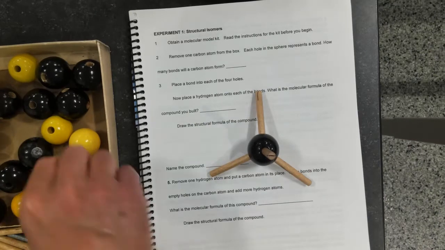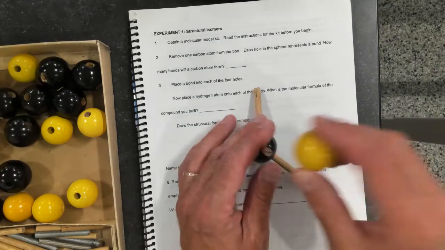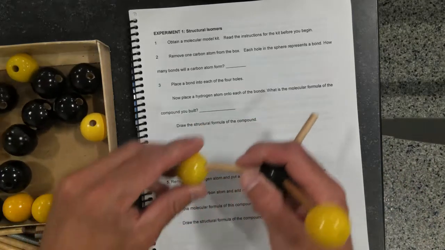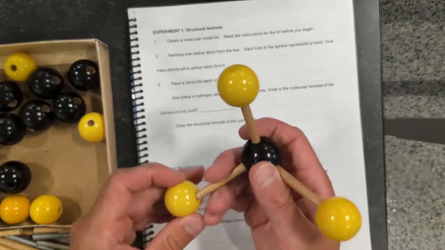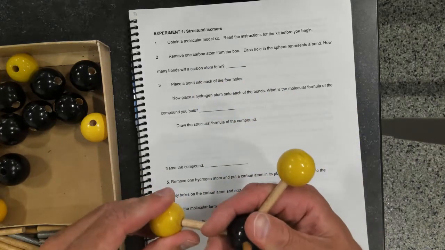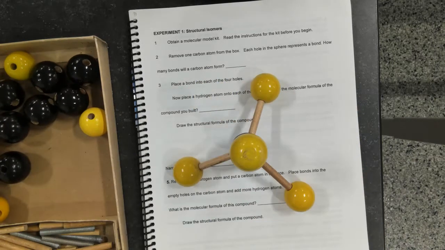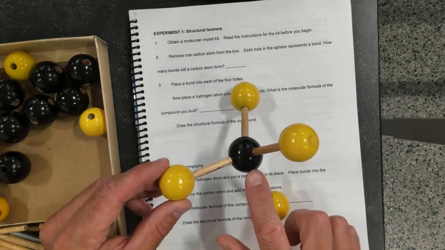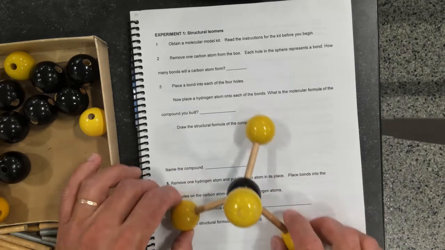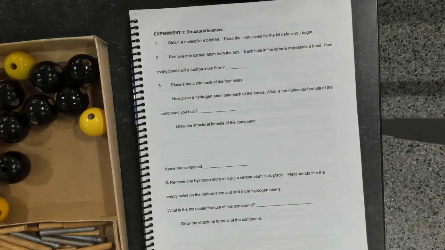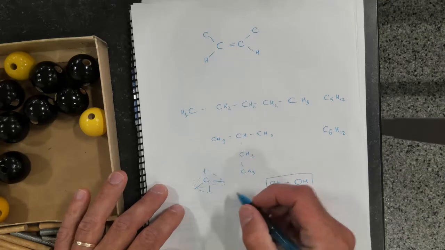Now I'm going to place hydrogen at the end of each bond. So the molecular formula of this compound, quite obviously, is CH4. And the structural formula of this compound will be like this.